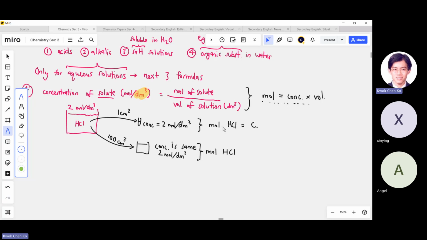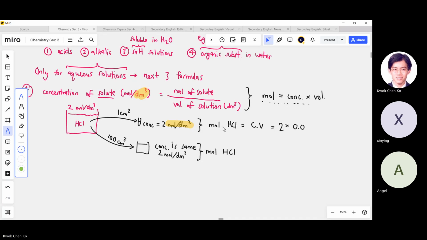Maybe I write the formula in as well, CV. Concentration is 2. Check your units, make sure it's in mole per dm cube. What's the volume? Dylan? 0.001 dm cube.